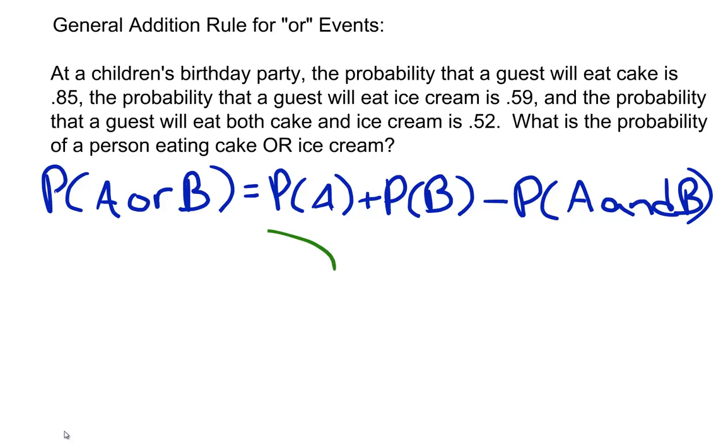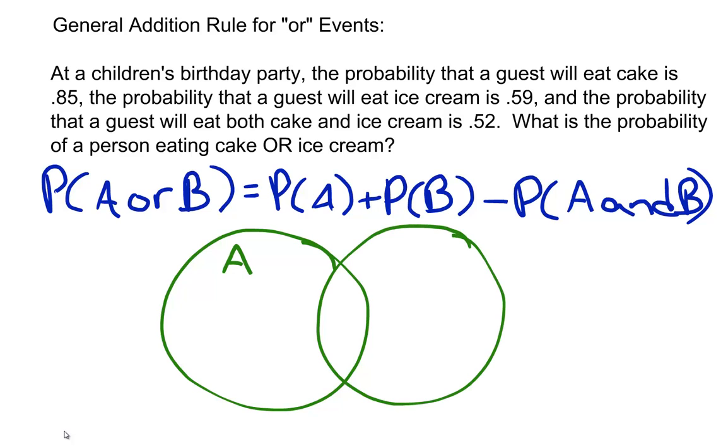For example, A is the probability that a guest will eat cake. B represents the probability that a guest will eat ice cream. Our overlapping region right here represents the probability that a guest will eat both.